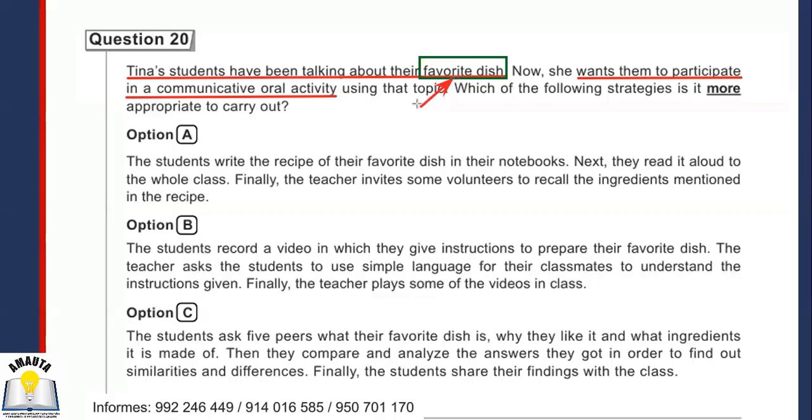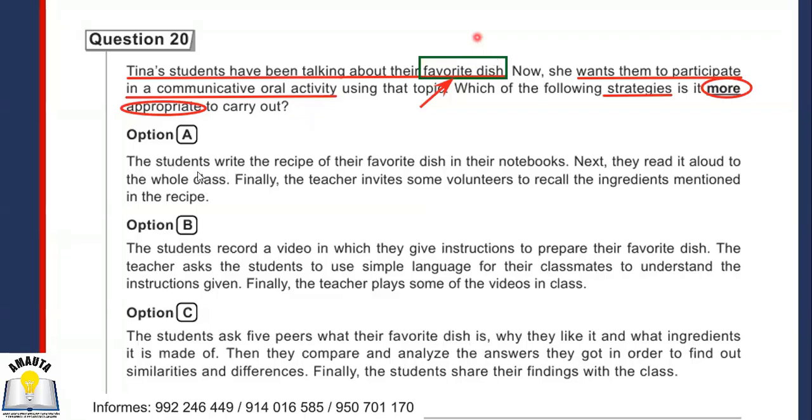The question here is, which of the following strategies is more appropriate to carry out, among the other strategies, to develop in the session in the classroom? Okay, so let's start reading.